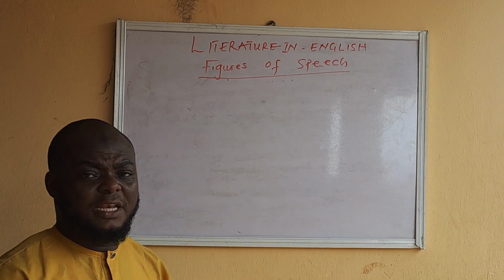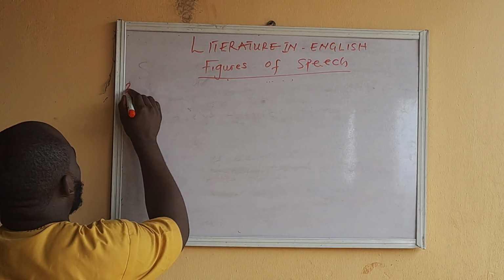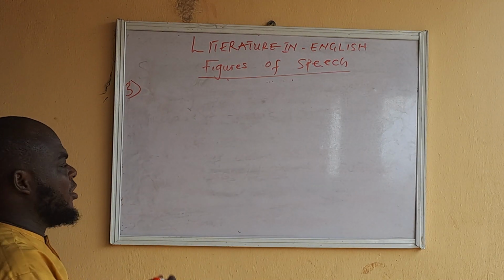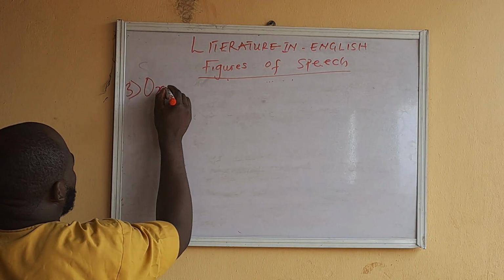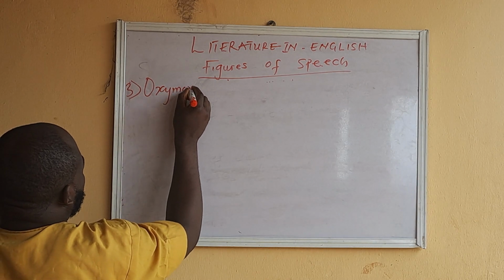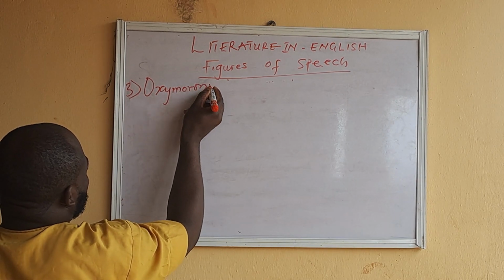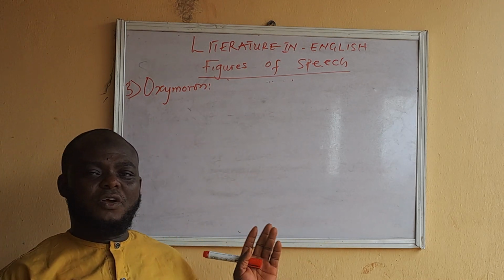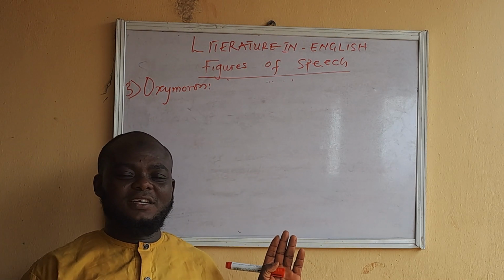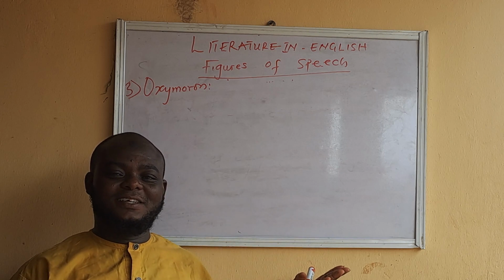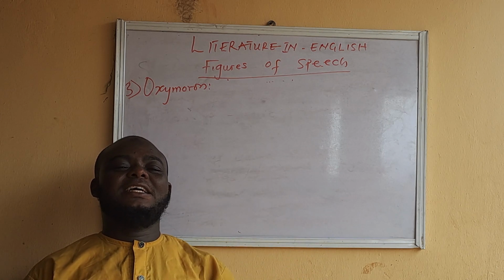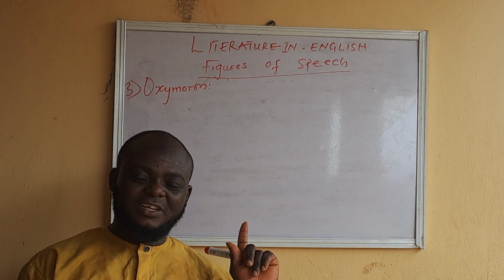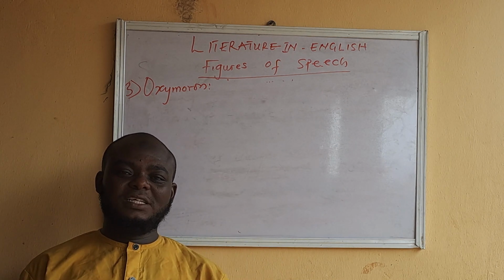Now we are moving to the next figure of speech. We are taking oxymoron next. This is also part of our figures of speech in English literature. Then how do we explain this? How do we identify oxymoron in literary work?